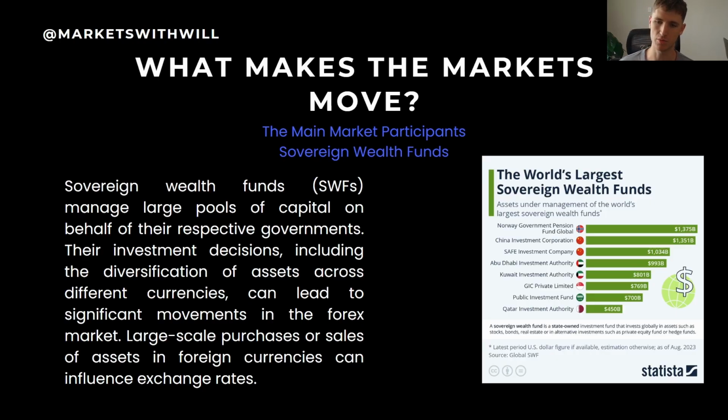As we can see over here on the right, the funds under management is 1.3 trillion. It's a lot of money. So any transactions occurring between these entities have a direct impact on the foreign exchange market, depending on the size of the transaction.